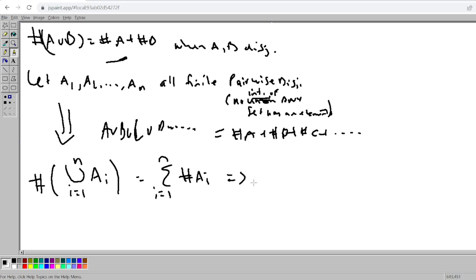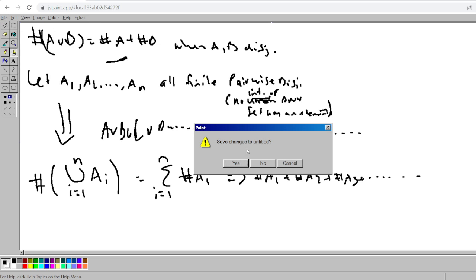So that's literally just saying card A1 plus card A2 plus card A3 onwards. That's actually kind of cool. I think that's neat that you can write it in some form like that.